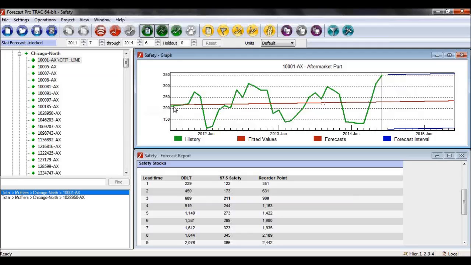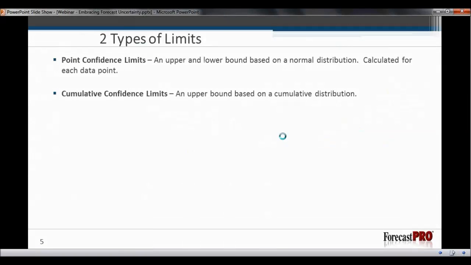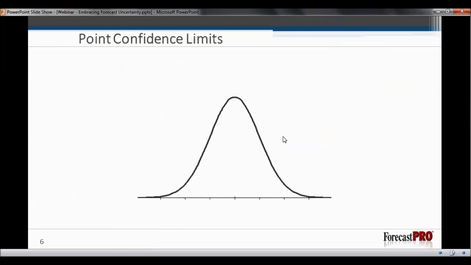Now if we were to plot the difference between the fit and the actual over the course of the historical periods, we could create a distribution. In Forecast Pro, unless otherwise specified, we would assume a normal distribution or bell-shaped curve. So if I had taken those 32 gap periods and plotted them on an XY axis, I would come up with this distribution.